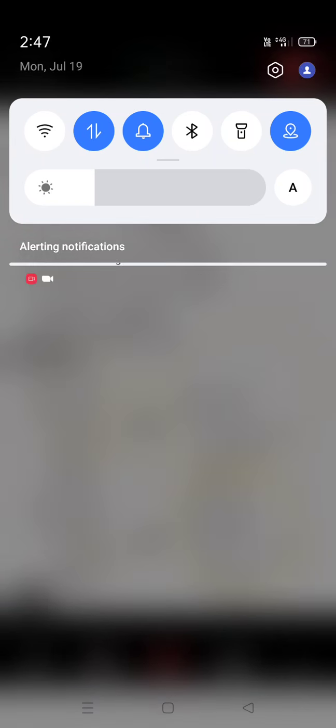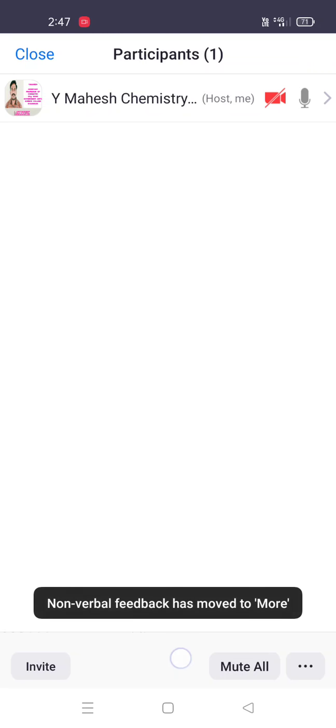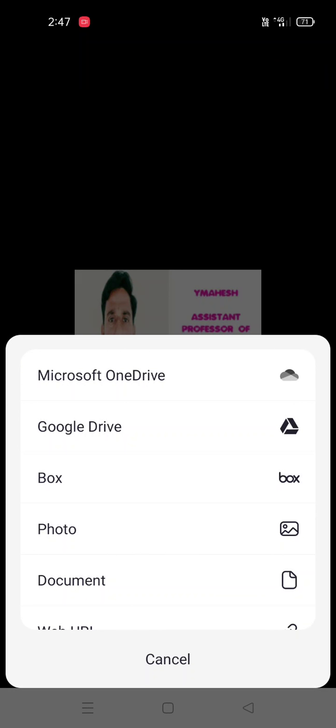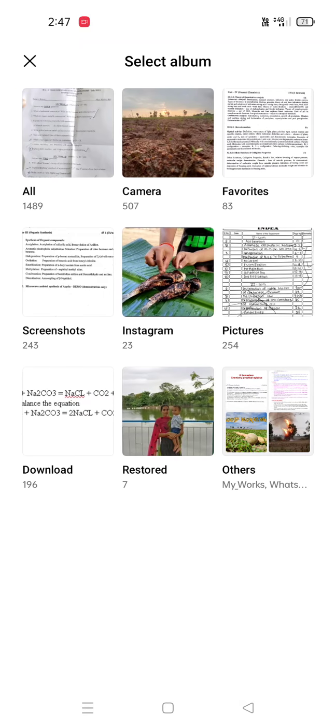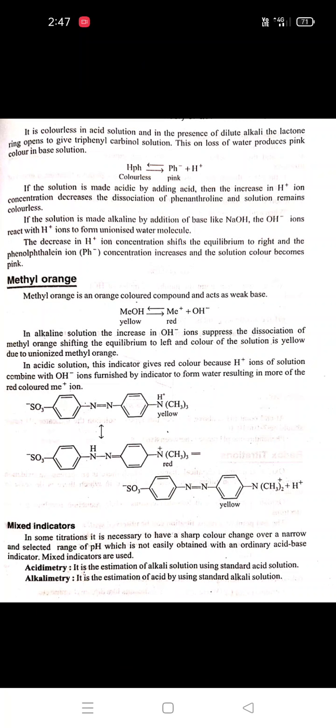So the next one. For example, it is colorless in acid solution, and in the presence of dilute alkali, the lactone ring opens to give a triphenyl carbinol form. This loss of water produces the pink color in base solution.